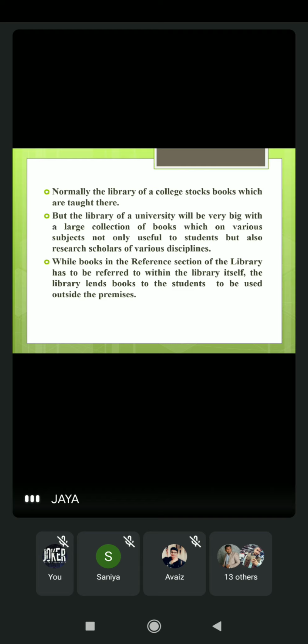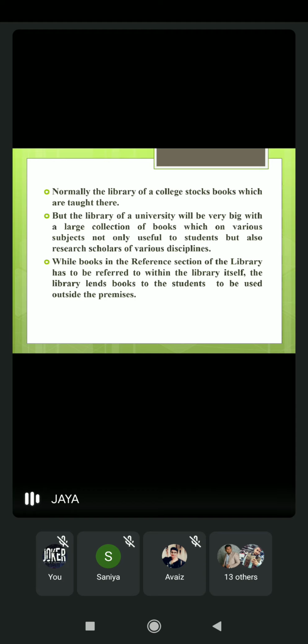I was telling you, it is very difficult to have all the materials you want for research. A good library can give you the source of all this. So we have two sections: one is called reference, another is called issue center textbooks.